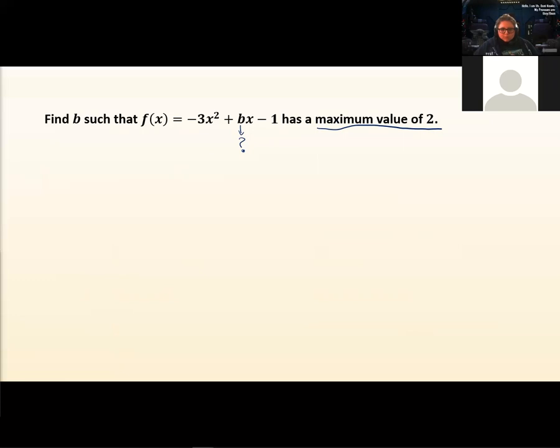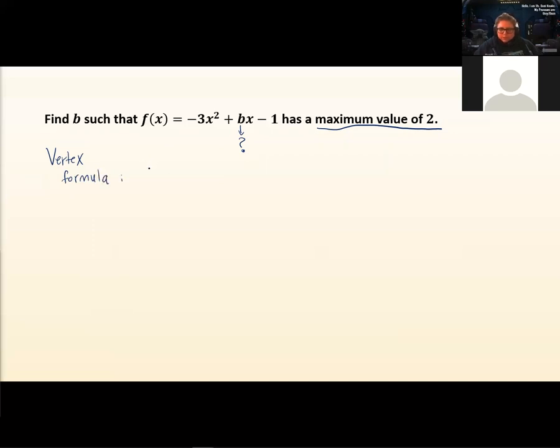So whatever our B is, the maximum value has to be 2. So let's think about this. If we want to find this, we should probably use the vertex formula. And this is why it's important to know it.